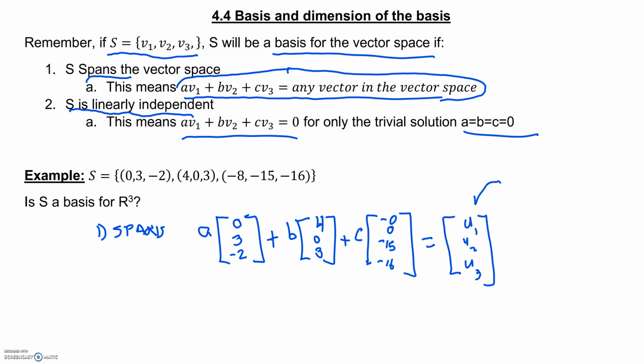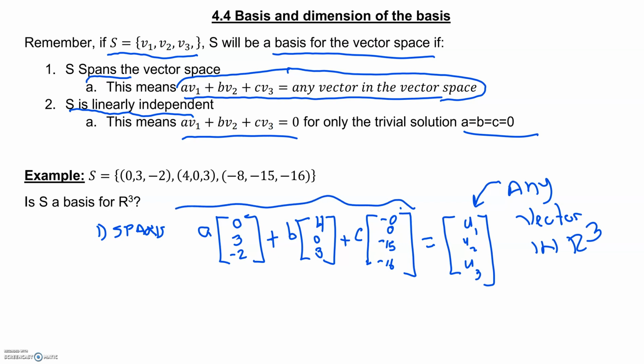So we're trying to say here is any vector in R3 space. Can it be made up of a linear combination of those?